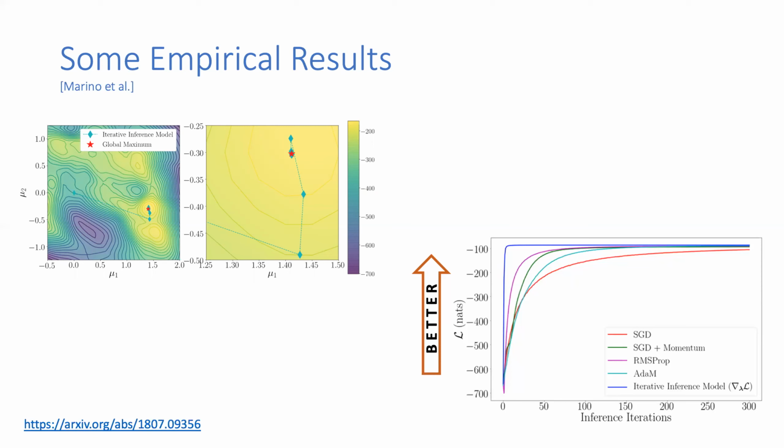Even though handcrafted algorithms like gradient descent, Adam, and RMSprop might be faster per iteration than this neural net that's predicting local updates, because the neural net converges so quickly in just a few update steps, overall this is way faster than gradient descent.